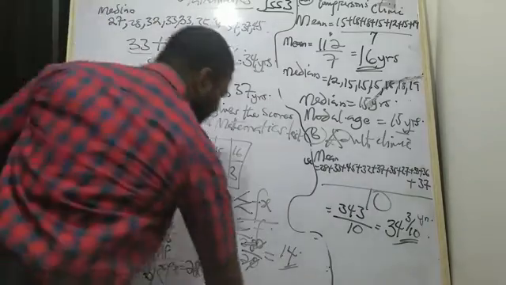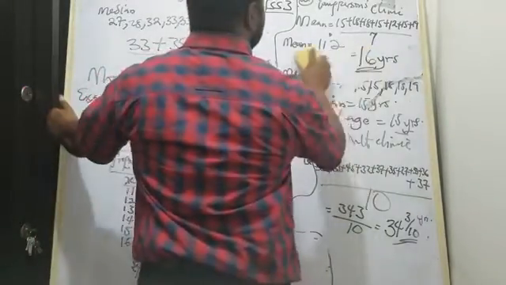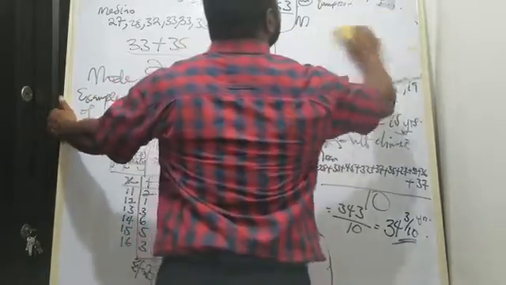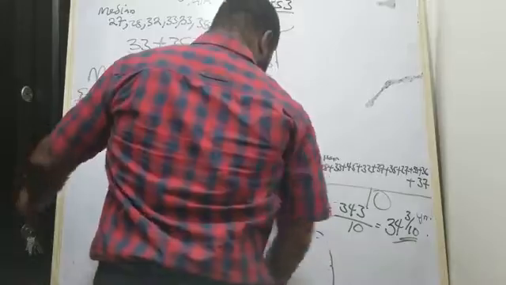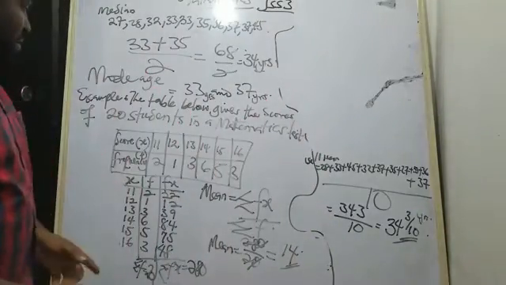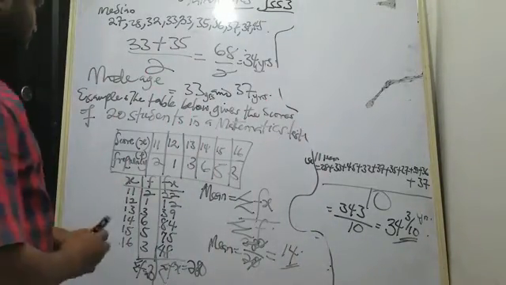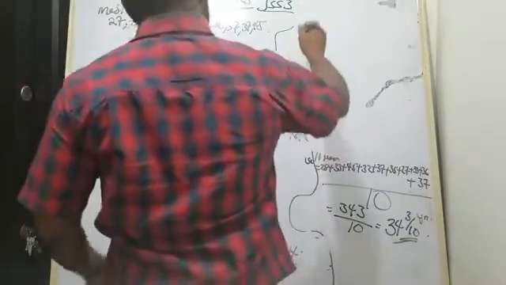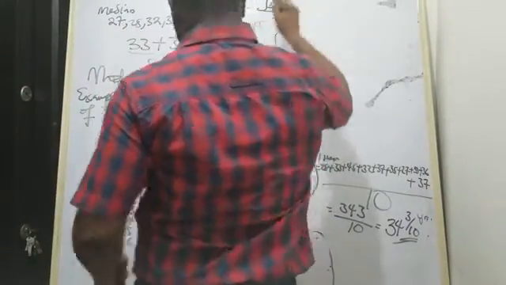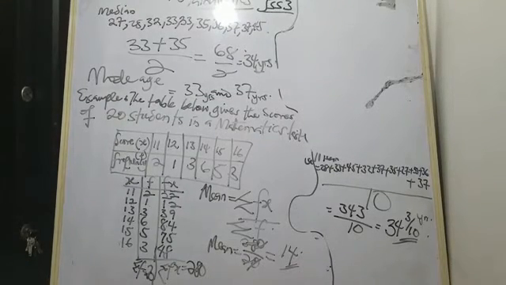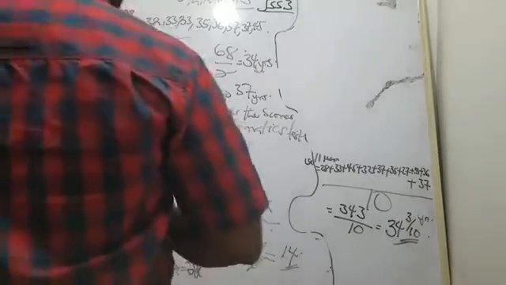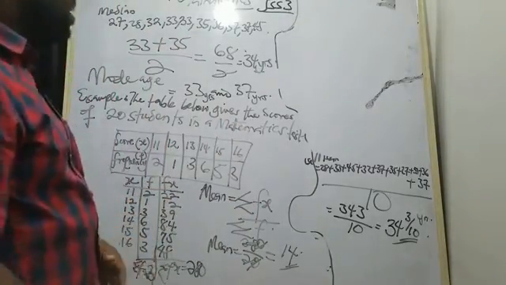Alright? Now let's take the others very quickly. Now, don't forget we are getting the mean, median, and mode.